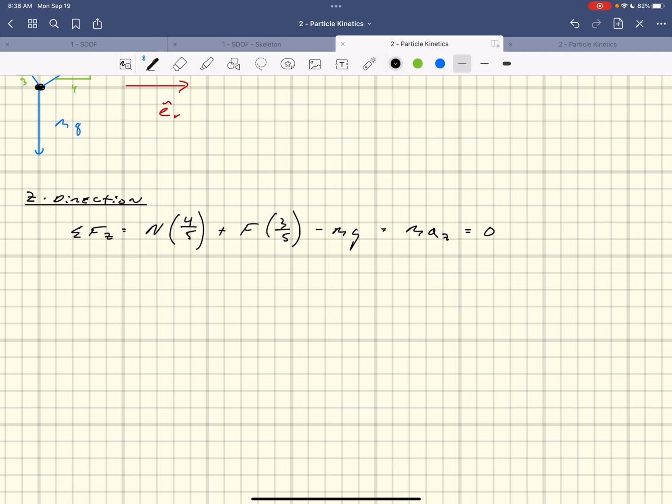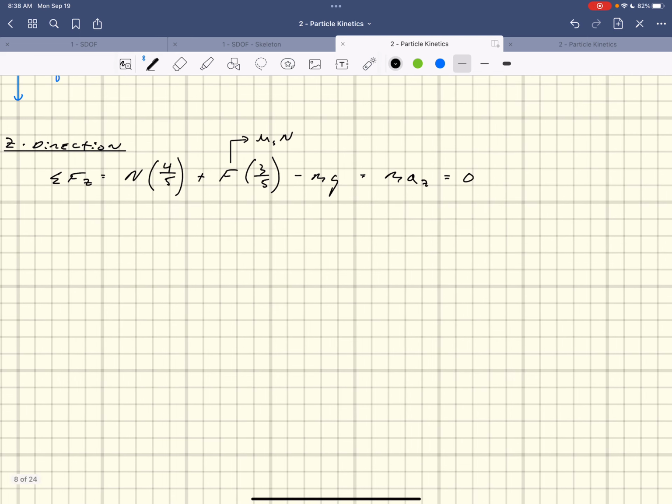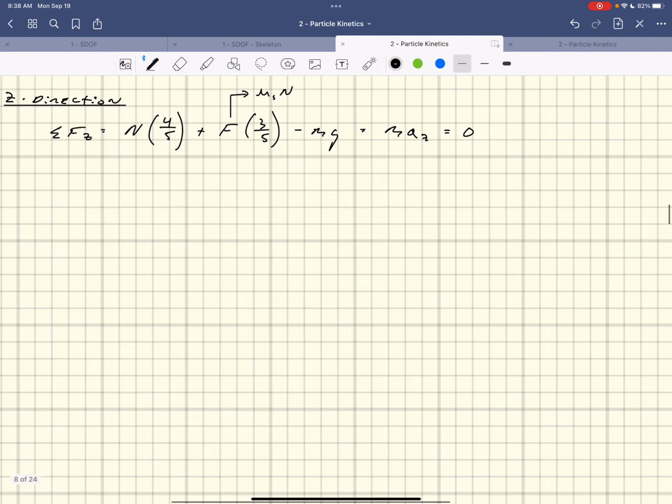The friction force is just mu static times the normal force. So we know mass times gravity, we know the mu static, and we could solve for what the normal force is. The normal force ends up being equal to 21.32 newtons.